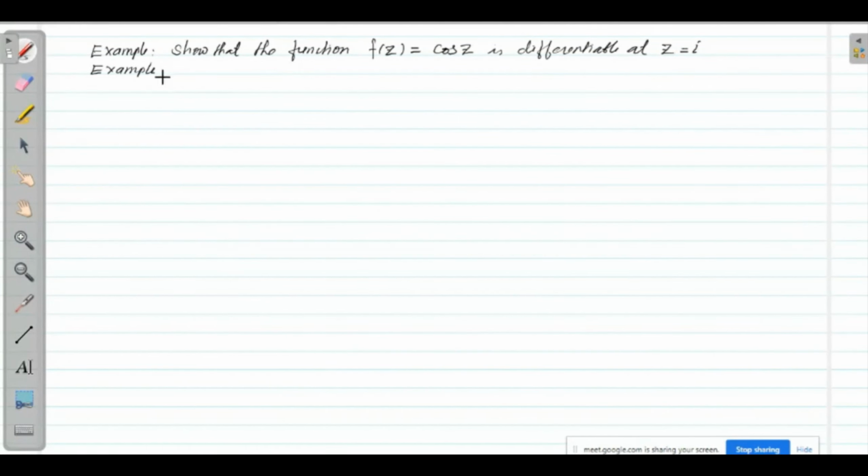Example. Should I do this problem right now, or should I give it as an exercise for you?